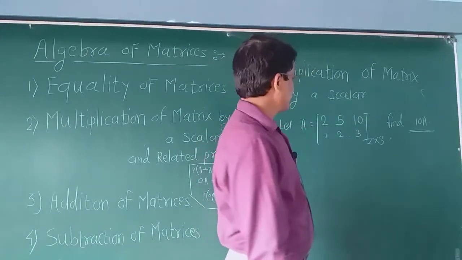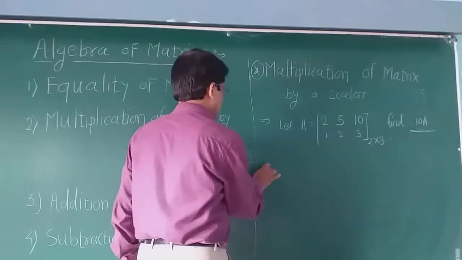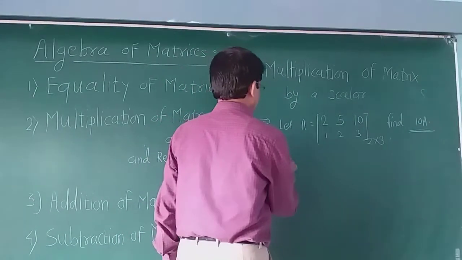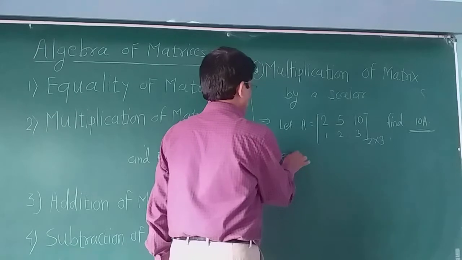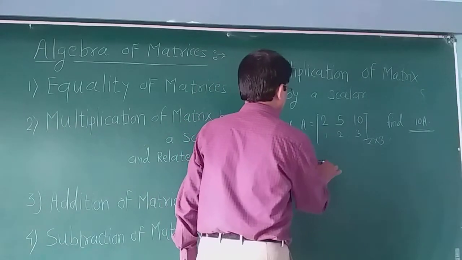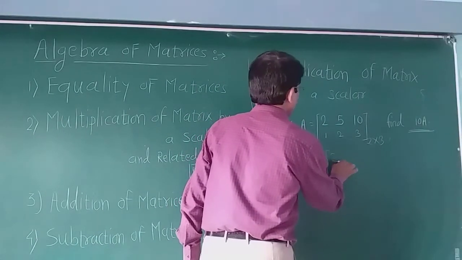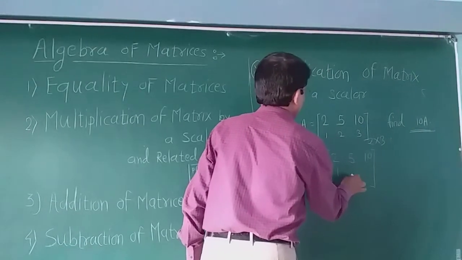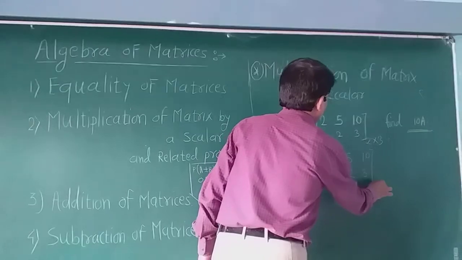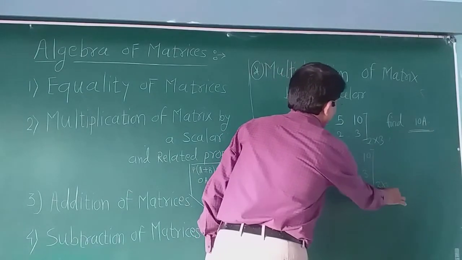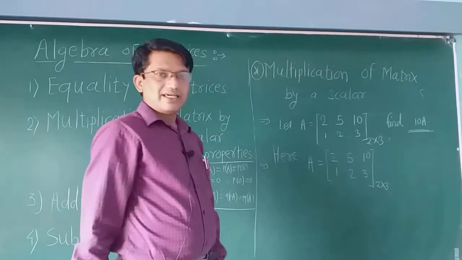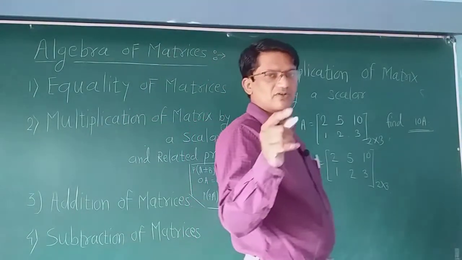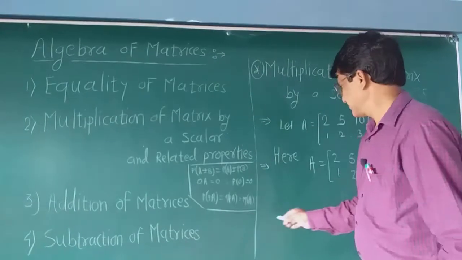A is equal to 2, 5, 10 and then 1, 2, 3. Order is 2 by 3. And we have to find 10A.